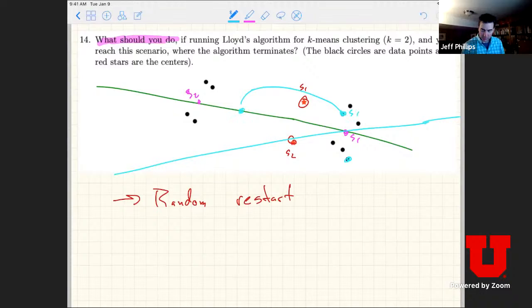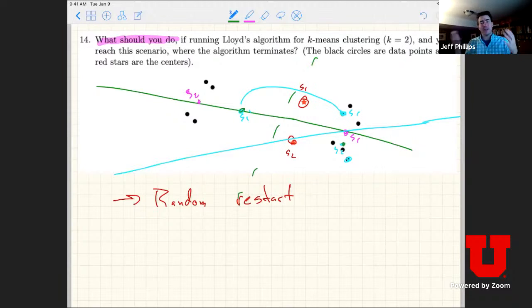So S1 will go to S1 here, and S2 will go to this spot. And then after this step, with these new centers, I'm going to get here, and now I've got a better situation. So this was a pretty unstable situation. If I reassign the centers to some random points, even though they both ended up in the same cluster, it kind of self-corrected. It was hard to get this split in this case, and so it ended up working okay. So I want to do a random restart is what I'm looking for here.